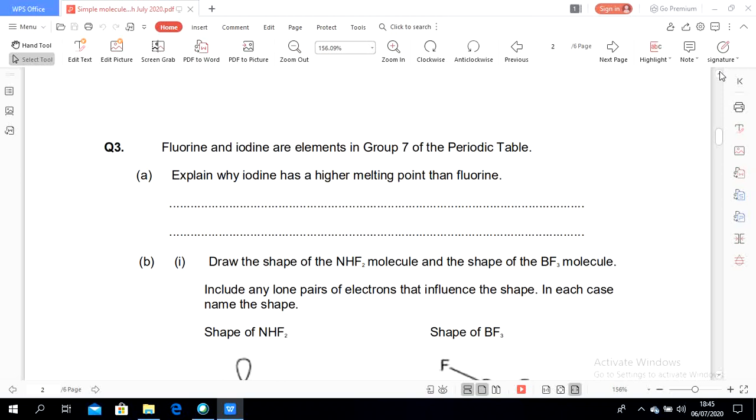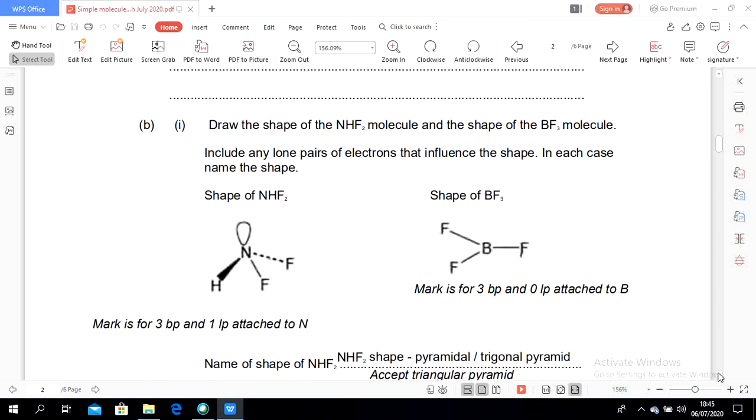And then B, draw the shape of an NHF2 molecule and the shape of a BF3 molecule. So here, NHF2 has 3 bond pairs and 1 lone pair, while boron trifluoride has 3 bond pairs and 0 lone pairs.